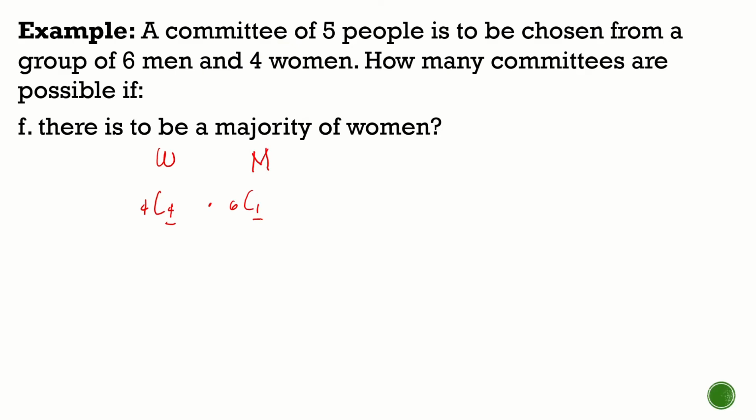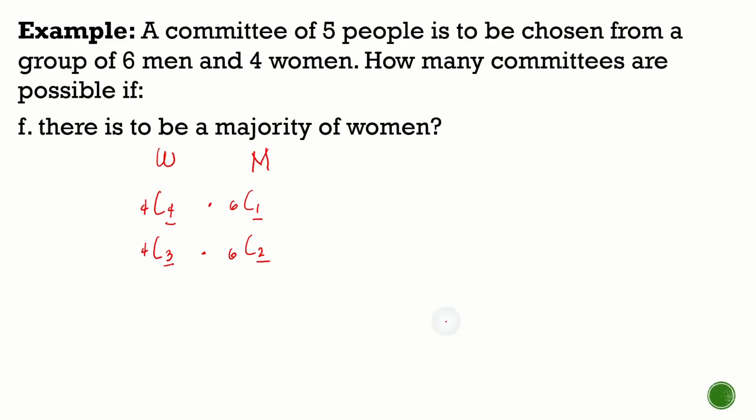Women is the majority. Another possibility is we will select 3 from the 4 women, and this time we will select 2 from the 6 men. Still, that's majority. We cannot have 2 women and 3 men because the condition is the women should be the majority. So what we're going to do here is answer both and then just add.